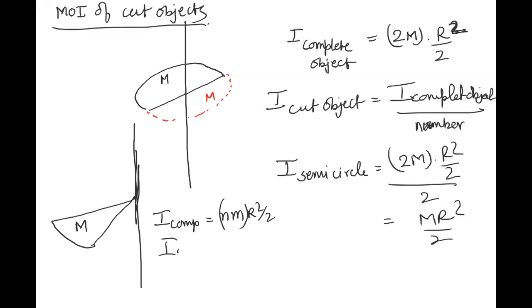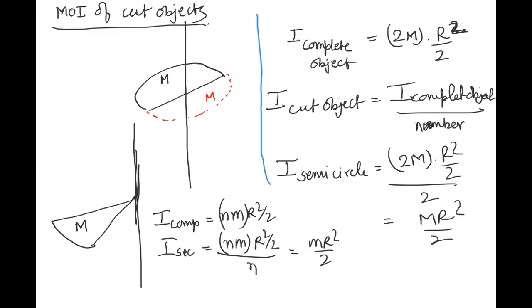So the moment of inertia of the sector will be equal to nm r square by 2 by n, which is equal to mr square. Right? So moment of inertia of cut objects निकालने के लिए complete the object and then divide by the number of the total elements which completes the object.